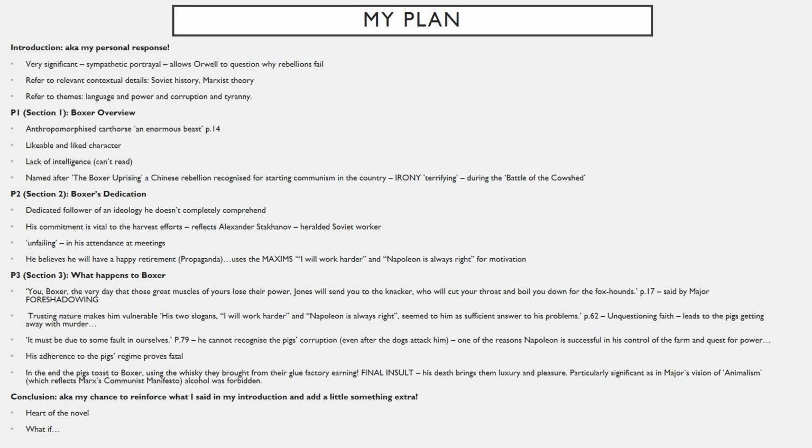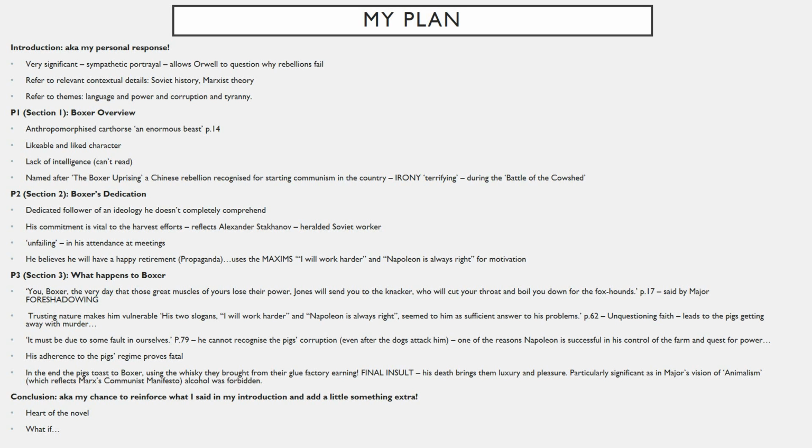Okay, so section 1, which would probably end up being P1, paragraph 1. There's not an awful lot here. So in this bit, I'm going to talk about the anthropomorphized cart horse, describe him as an enormous beast, show how he's likeable and well liked by the other characters, mention briefly his intelligence, and add in that fact about the Chinese rebellion, linking it clearly to the idea that Boxer was terrifying during the Battle of the Cowshed.